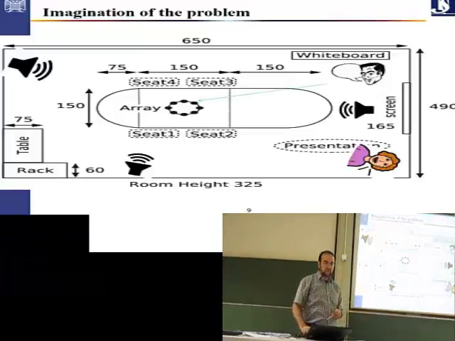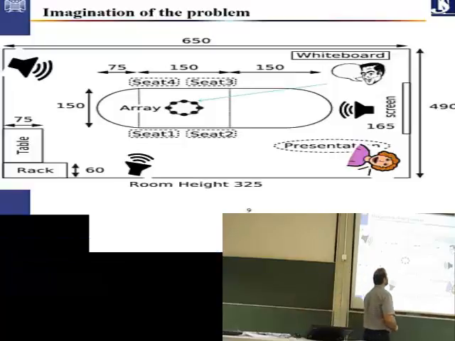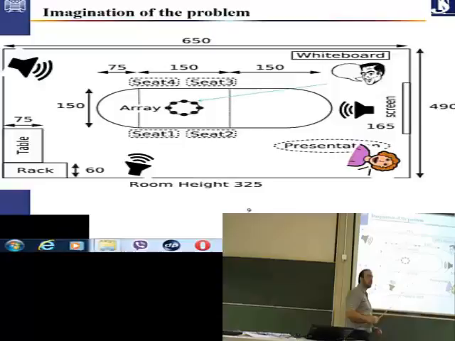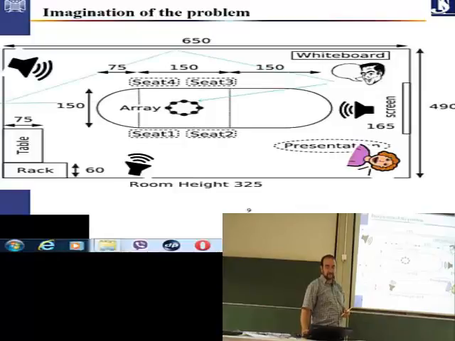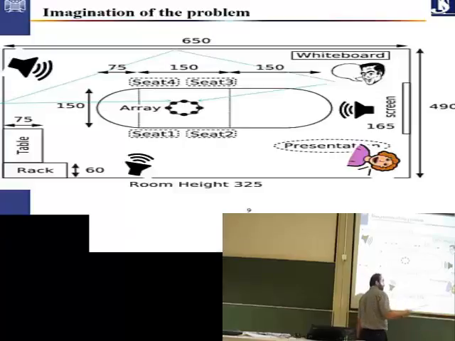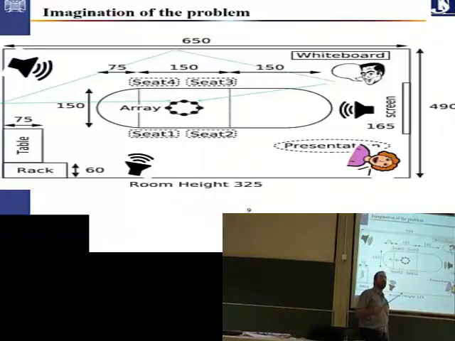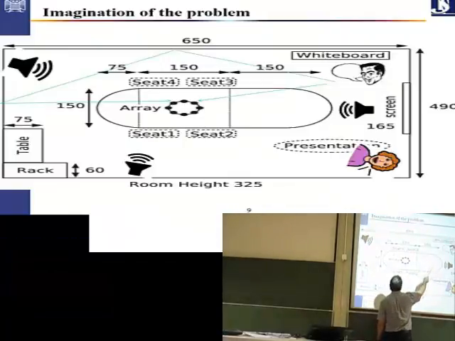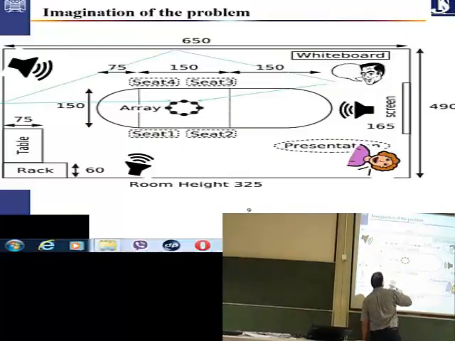So if you, for example, want to locate or get the signal from this guy here, the signal goes both in the direct form, the direct propagation, as well as the reflected versions. Because it's a physical wave, it directly goes to the microphone, but it also goes to the walls, surfaces, and the roof, and is reflected back again to the microphones.